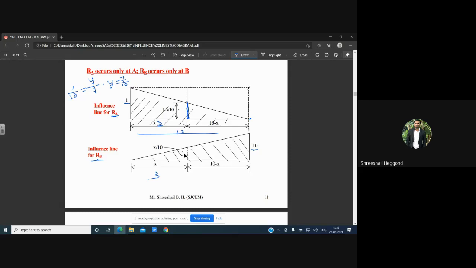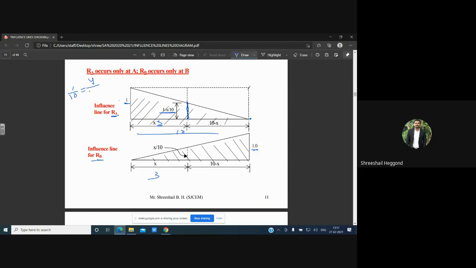If x is unknown, then you can write 10 minus x. So the height can be given as 1 minus x divided by 10. That is also possible if x is an unknown value. So you must know what x value is given. If it is not given, you can substitute x only and simplify the equation. If x is not given, then you write the y value such that 7 will not be there.